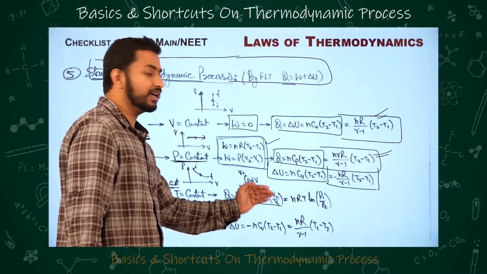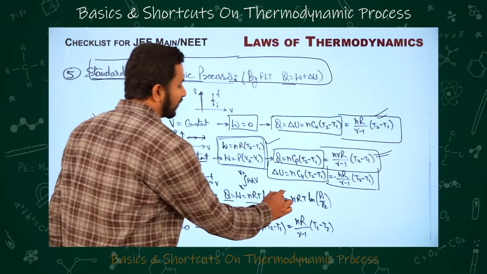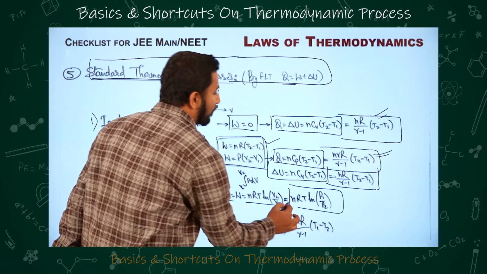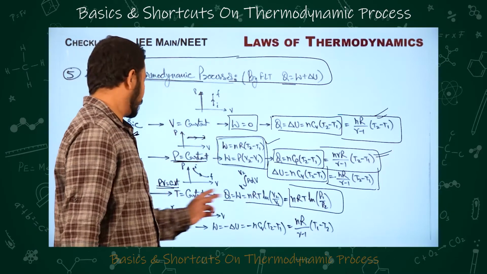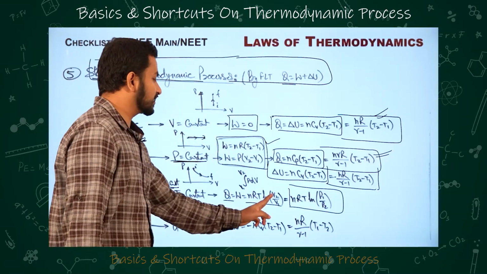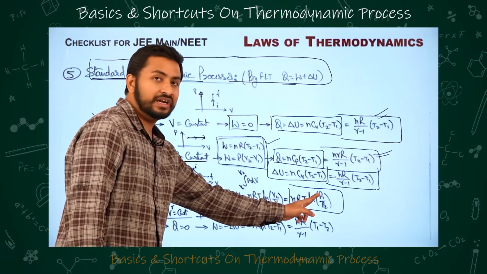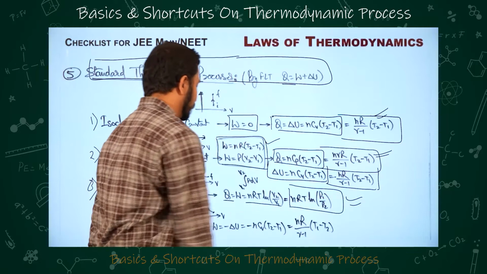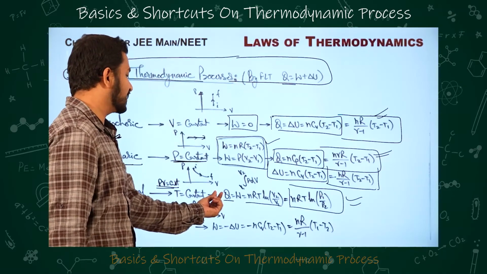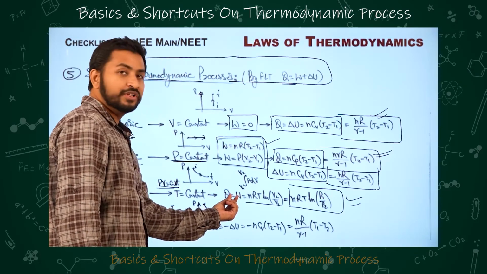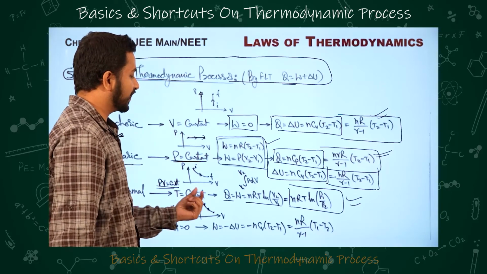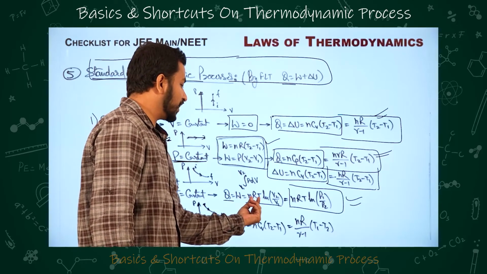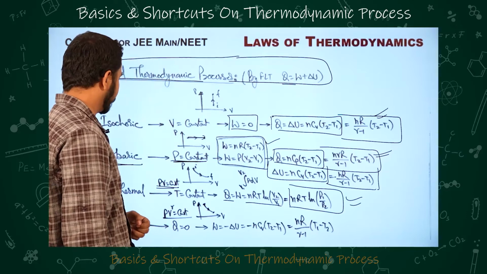If I want to write in terms of pressure, my dear student, we can write it as nRT log P1 by P2, because PV have an inverse relationship, so V2 by V1 will turn into P1 by P2. Be careful on this part also. This is an important section. Whatever heat is supplied will be equal to the work done, and this will be nRT log V2 by V1.